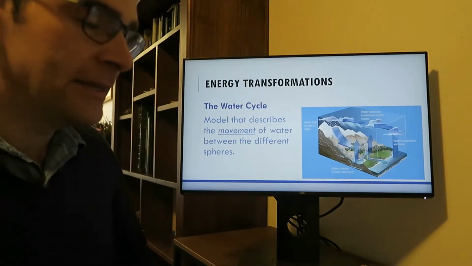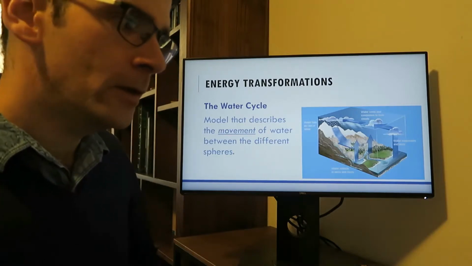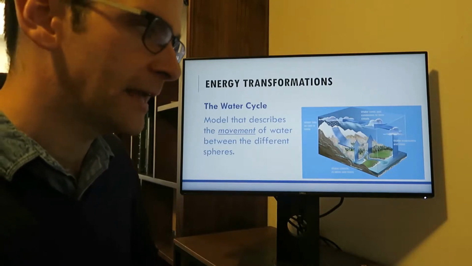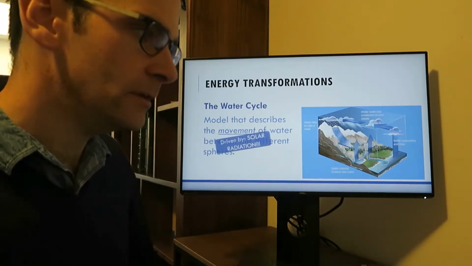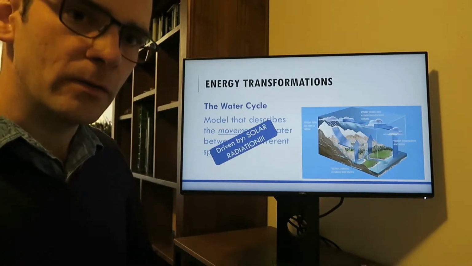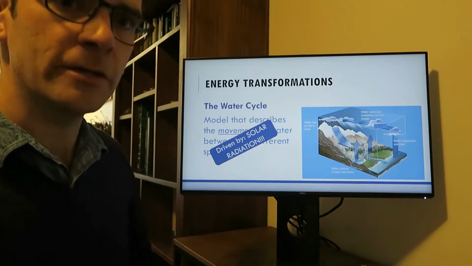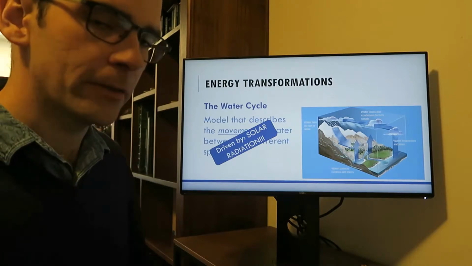Now that we've thought about where water is and how it behaves, we are ready to think about the water cycle, what that is, and how it's driven by solar radiation. So really, the water cycle, if you haven't already figured it out, is just a scientific model for describing the movement of water around the globe.